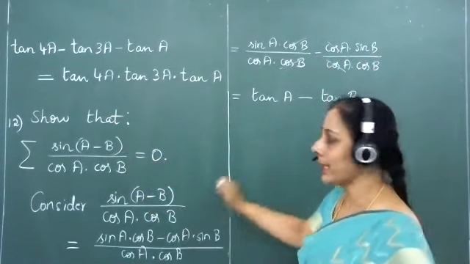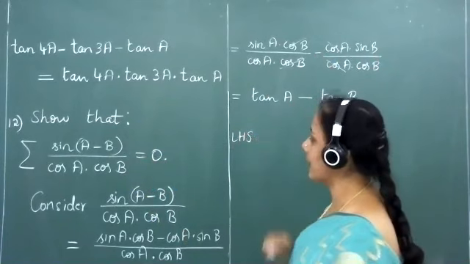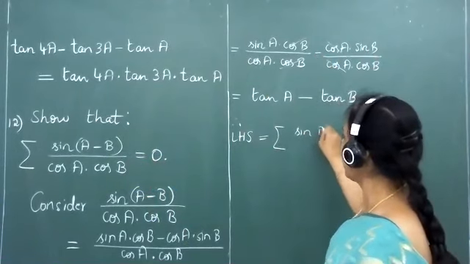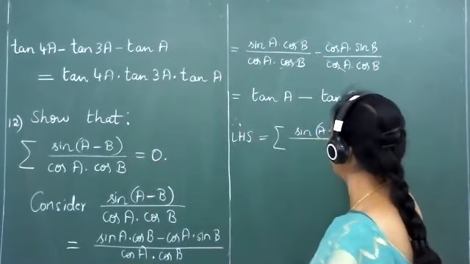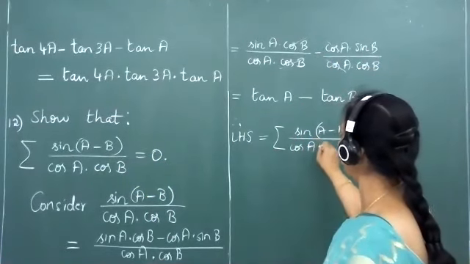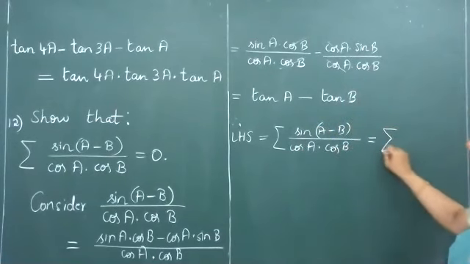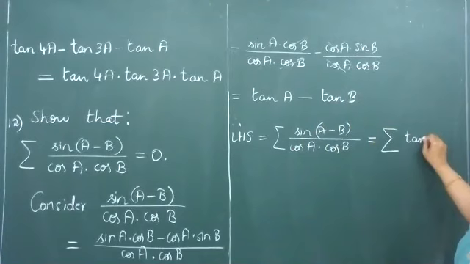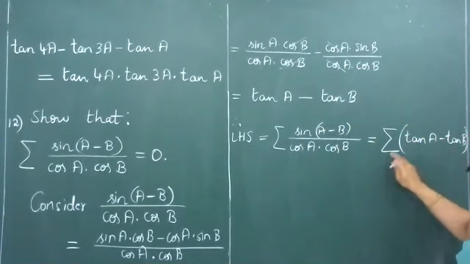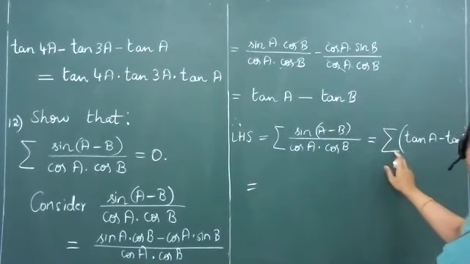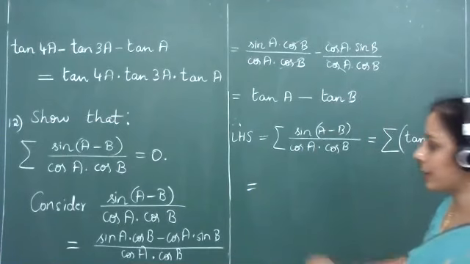So now we will consider the LHS, and in the LHS we are having summation sin of A minus B divided by cos A multiplied with cos B. We shall replace for the expression as tan A minus tan B. That means we get here summation which is running over tan A minus tan B. We shall try to expand the terms in this summation of the expression.